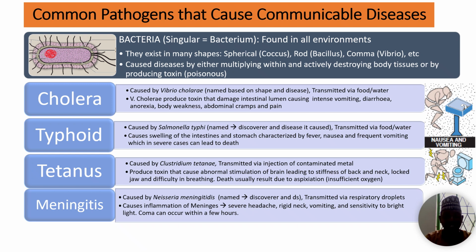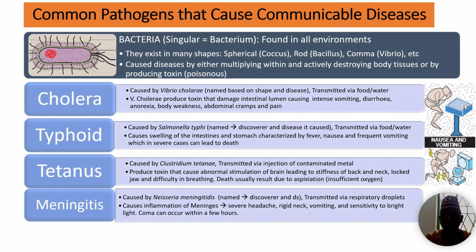So the bacteria is named based on the discoverer and the disease it causes. Neisseria meningitidis is generally transmitted through respiratory droplets. It is discharged from the infected person through coughing, sneezing, and so on.